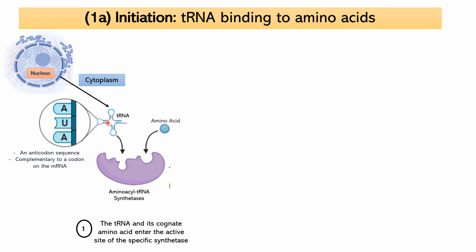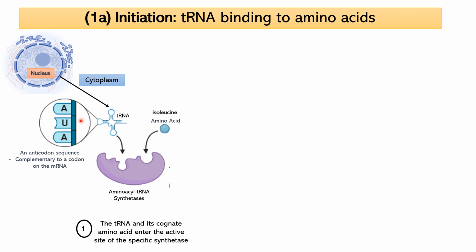So once tRNA is in the cytoplasm, it binds a type of enzyme called aminoacyl tRNA synthetases. These enzymes are very important because they provide an active site to join every tRNA with its corresponding amino acid.